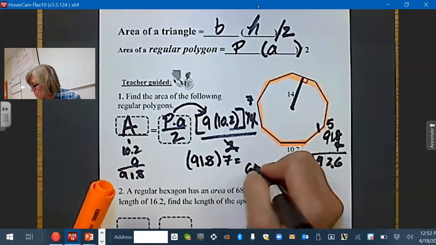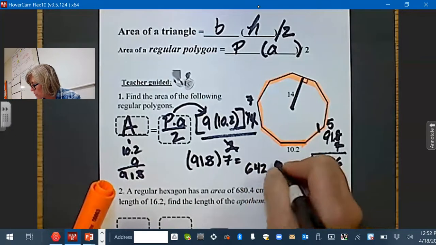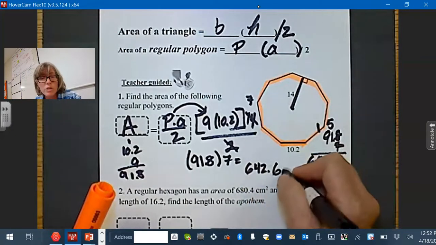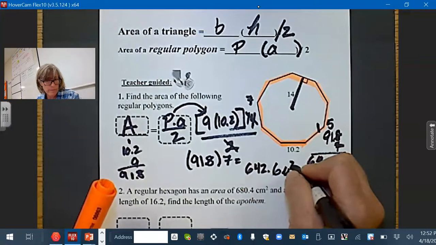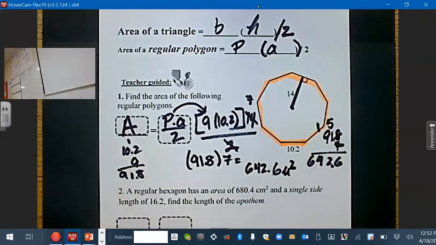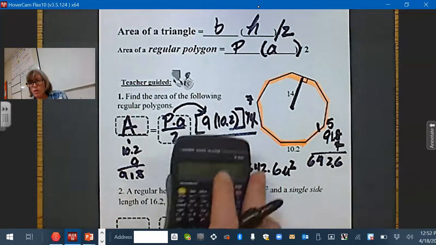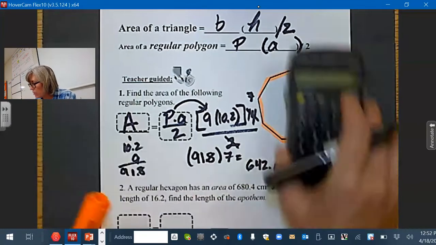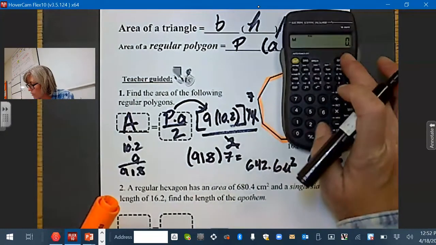And you get 642.6. Check for units: no units, units squared. Some of you are a little paranoid that I did that without a calculator, so we'll show this on the calculator.